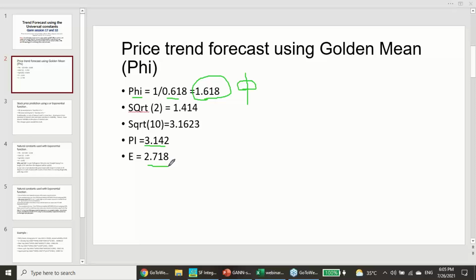E is utilized in physics and in chemistry. It is a versatile term in mathematics. We are not going to go deep into these constants. As per W.D. Gann, these constants are present in all your mathematical science, physics, or even medical science.